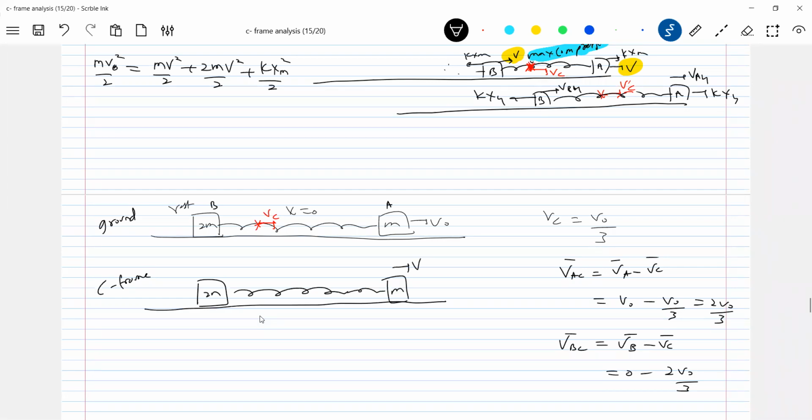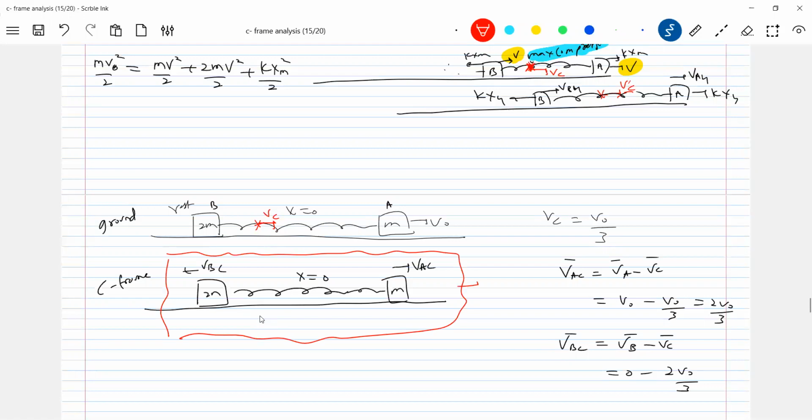So what is the velocity? VAC, VBC, they are moving away, and this is x equals 0. And whenever the C frame comes, better put a box and show that VC here. Don't show center of mass here.